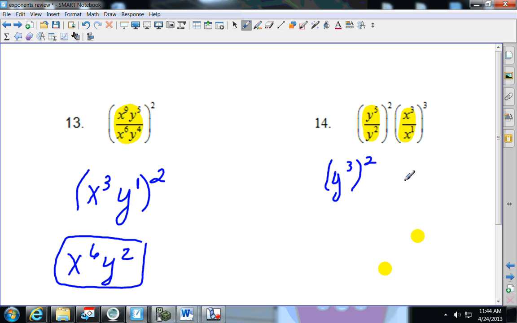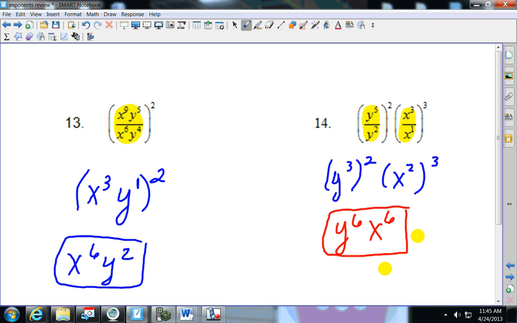Looks like a 1. 3 to the first power, so I get x squared, all to the third power. Now, power raised to a power, this becomes 3 times 2 is y to the sixth times x to the 2 times 3, which is 6. Can I put these two things together? Can I add those, the 6 and the 6, and get 12? No, this is as low as it goes. This is your answer.